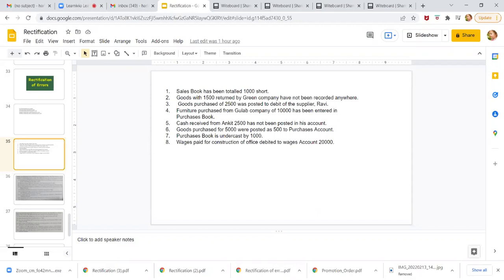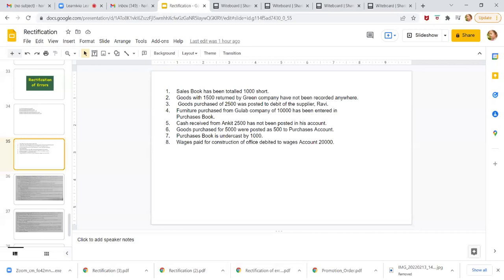Second, it's sales return account debit to Green and Go account credit with the amount of 1,500. Yes, very good. And third, it's suspense account debit to Ravi's account credit with the amount of 5,000.